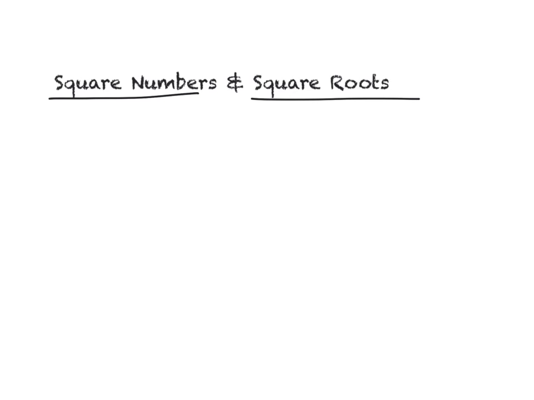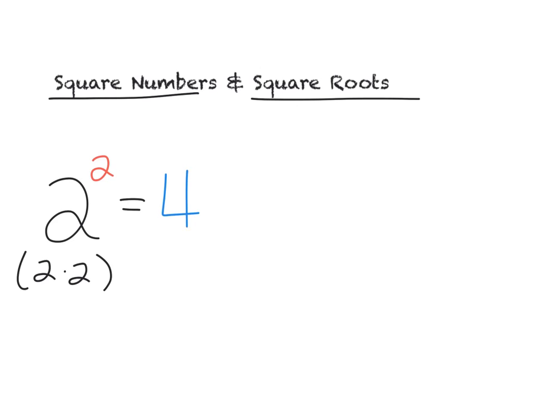Take, for example, 2 to the power of 2. We know that that's the same thing as multiplying 2 by 2, and I would get 4. So 2 squared is a square number. The square root of a number is when I use what's called a radical sign.